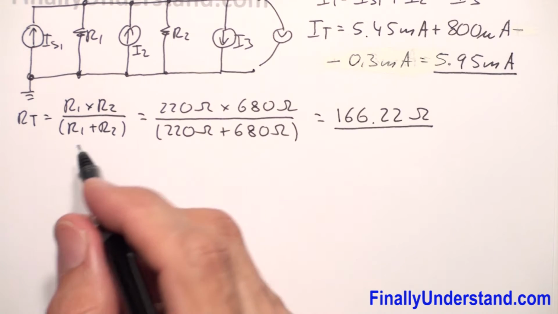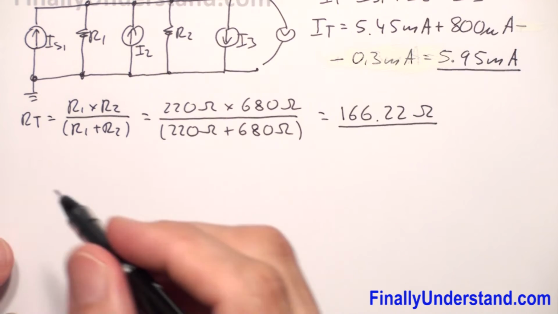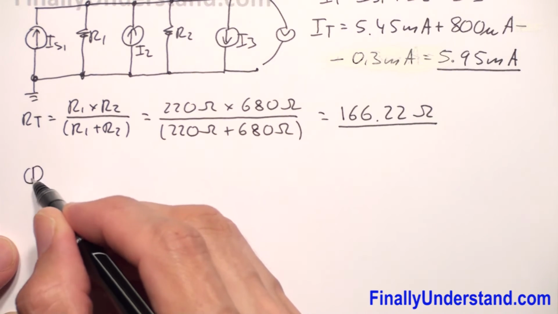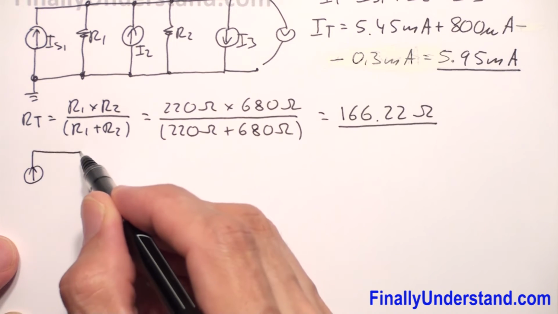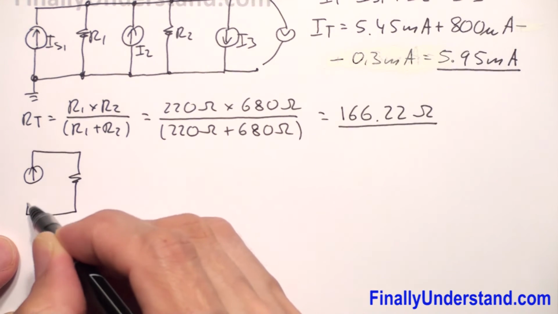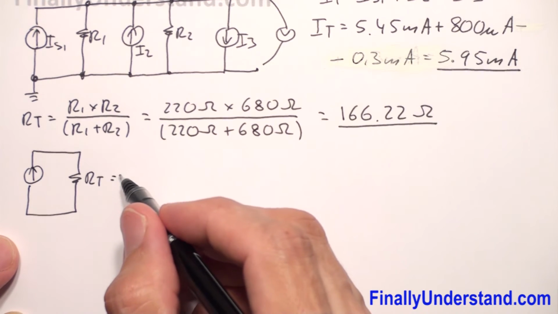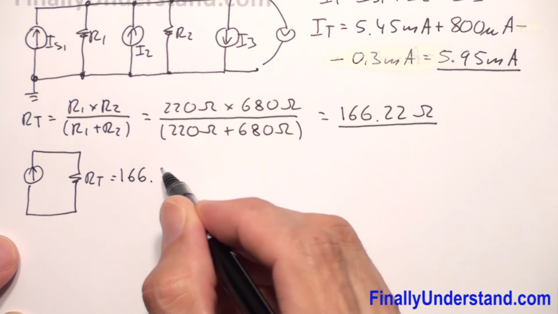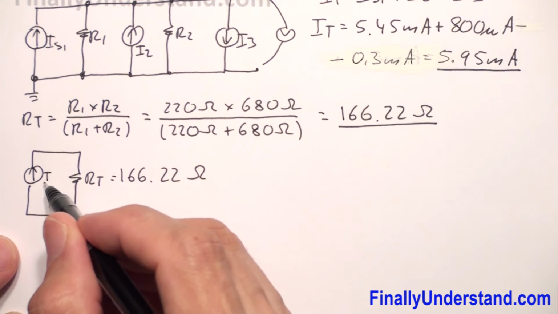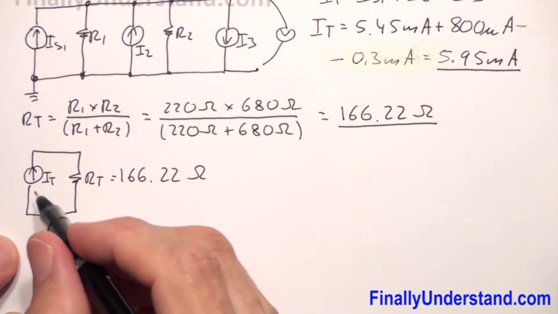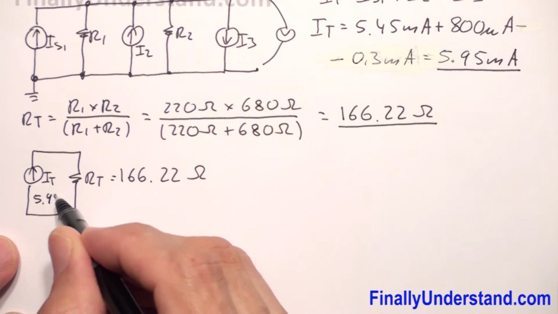And our circuit is going to look like this. We have current source, which is pointed up, and we have total resistance, and total resistance is equal to 166.22 ohms, and I total is equal to 5.95 milliamps.